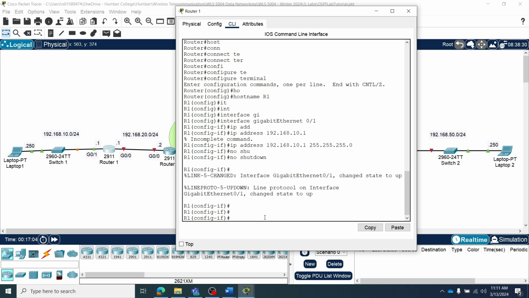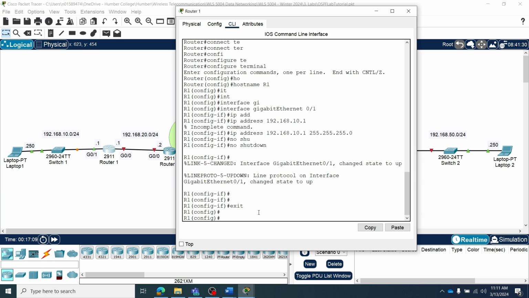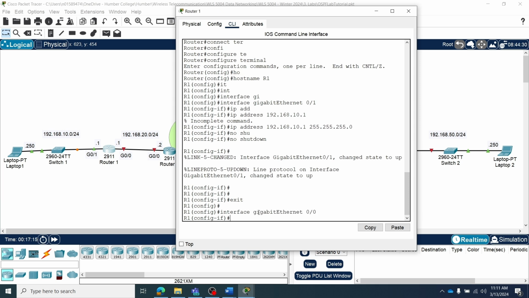Let's go to interface gigabit 0/0. Interface 0/0, then IP address 192.168.20 and the host number 1, and then again the subnet mask.